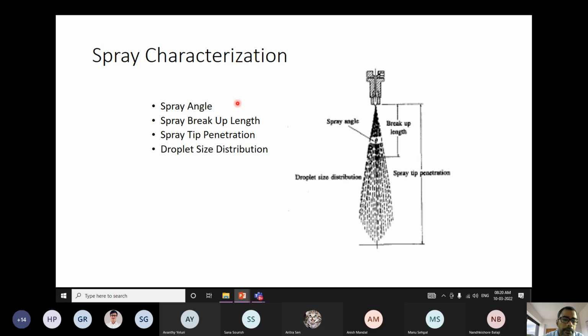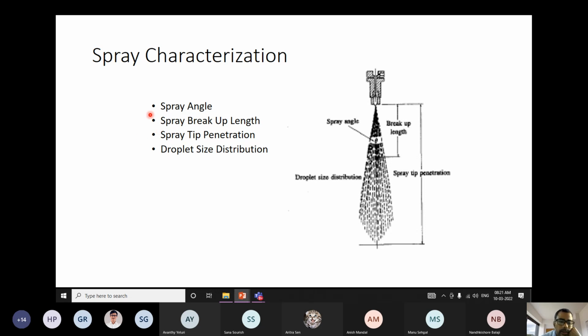So spray angle, breakup length, spray tip penetration, and droplet size, these are the important or main parameters of the spray through which you can characterize it.